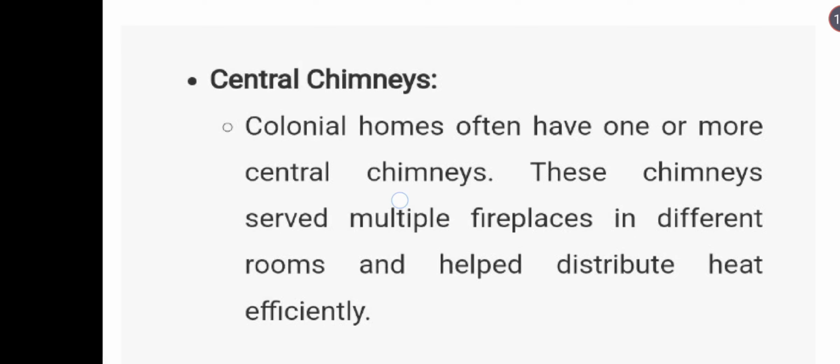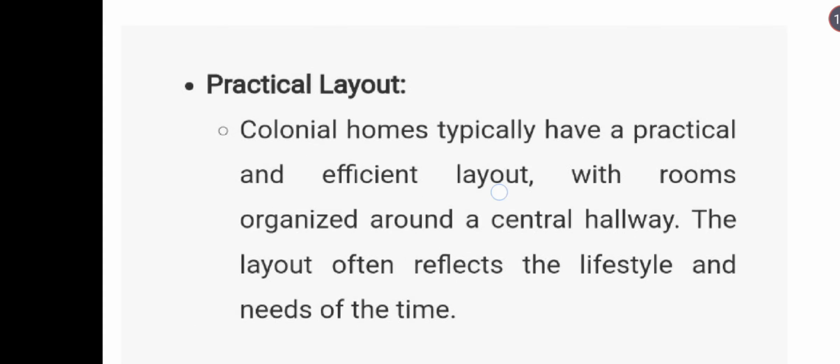The central chimney: these colonial homes often have large central chimneys. The chimneys serve multiple fireplaces in different rooms and help distribute heat and air.